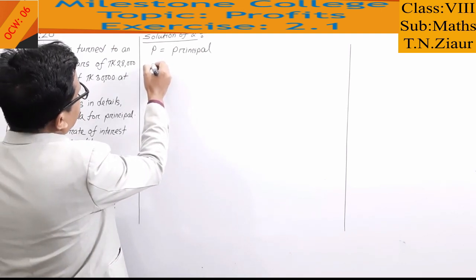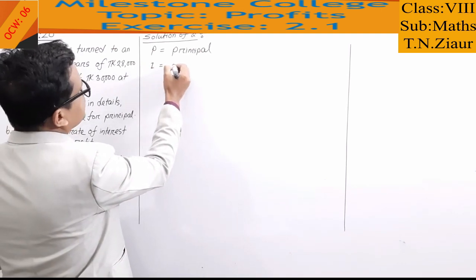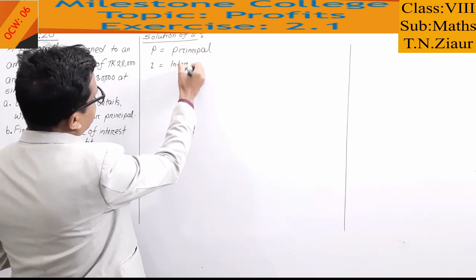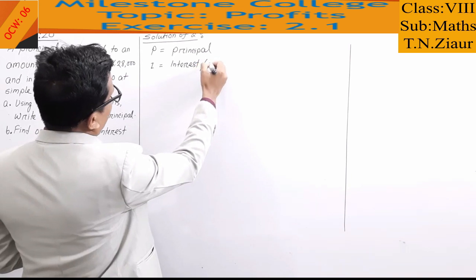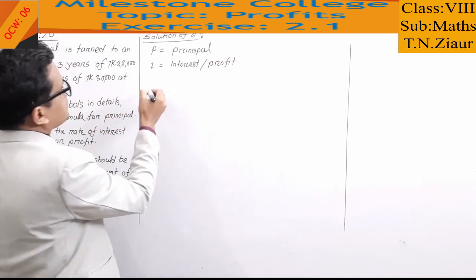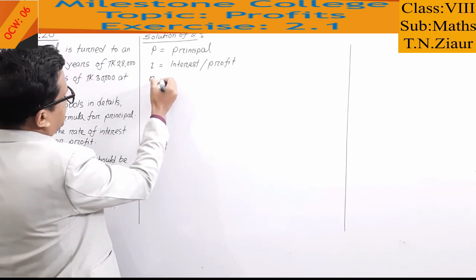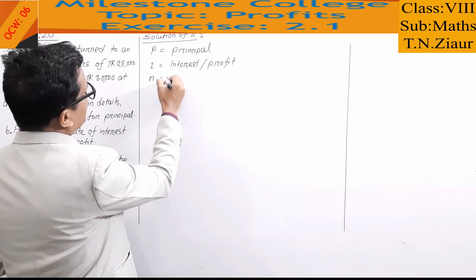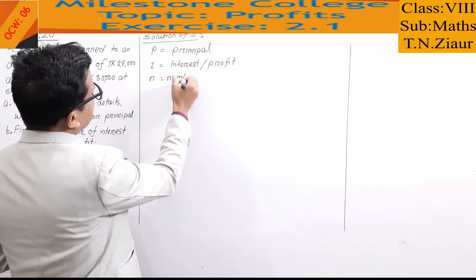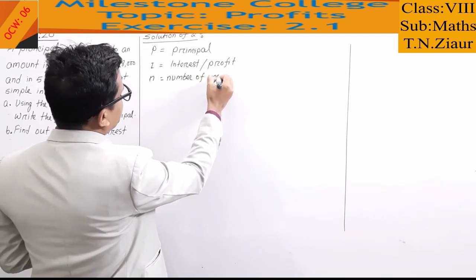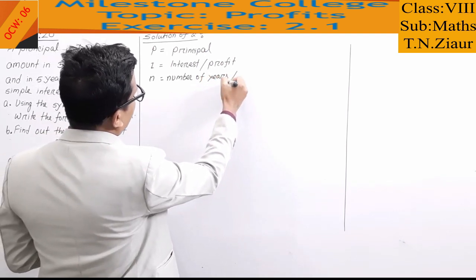And I is equal to what? I is equal to interest, or profit we can tell. N is equal to what? N is equal to time or number of years. N means number of years or time.